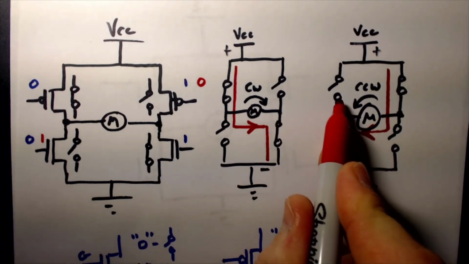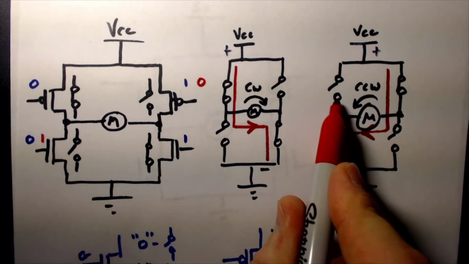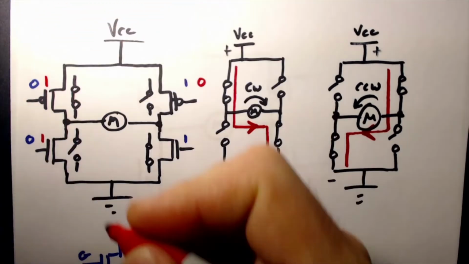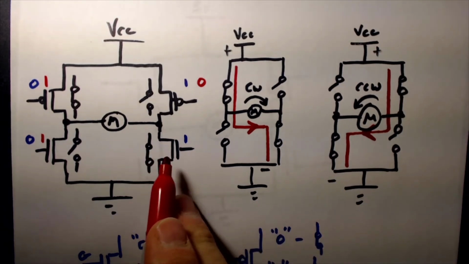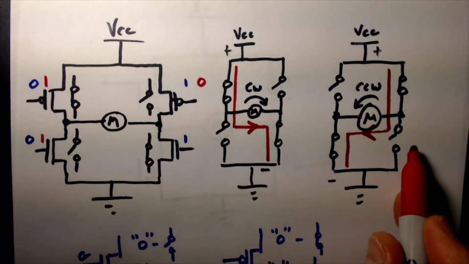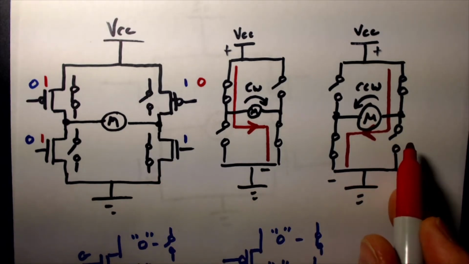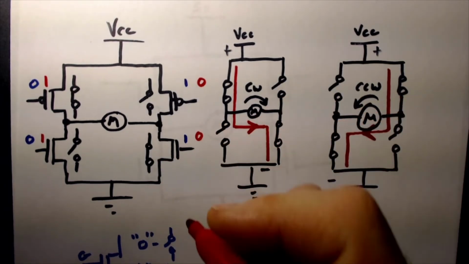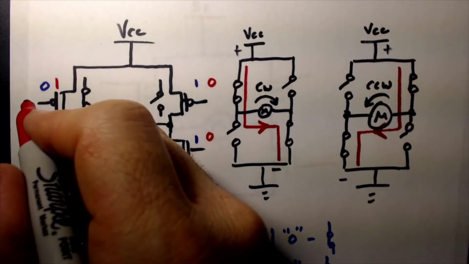Up here to the upper left, that P channel needs to be open. I achieve that by writing a 1. And down here, I need this N channel to be open, so I need to write a 0 to it. So we get this relationship.